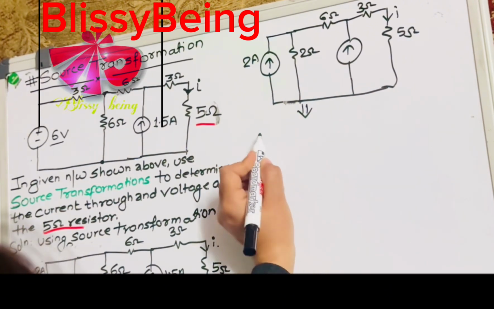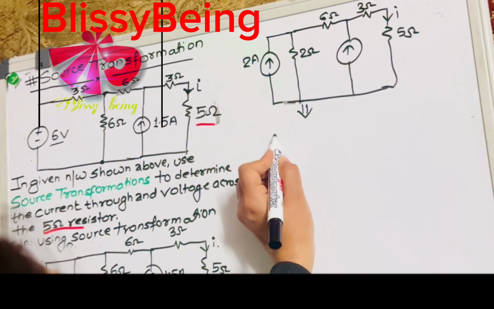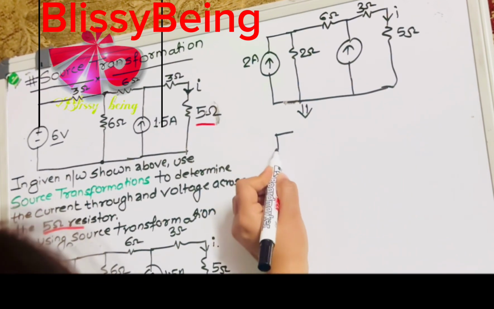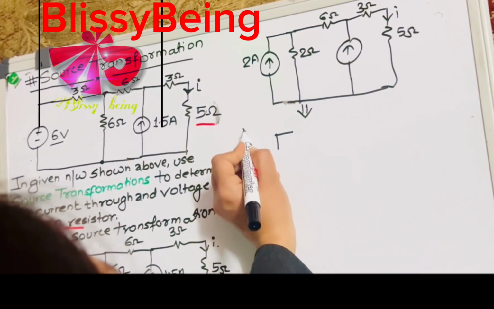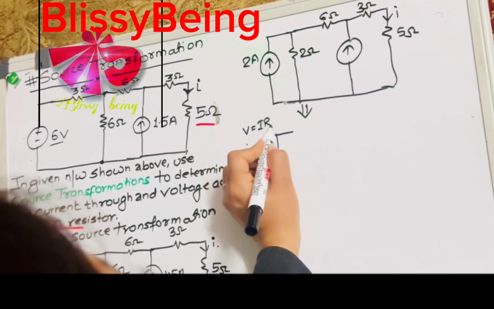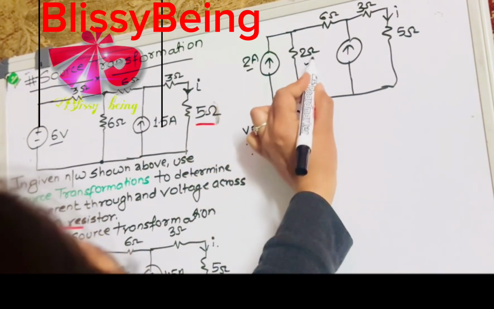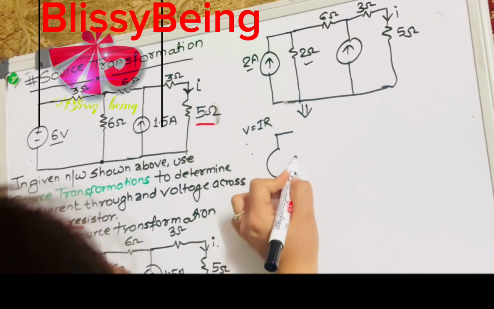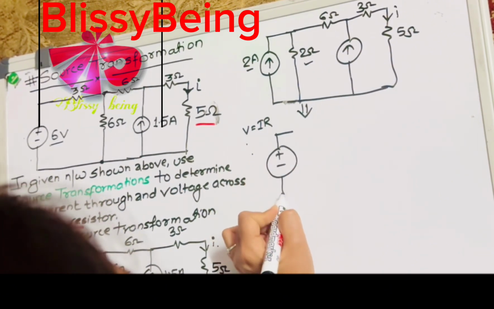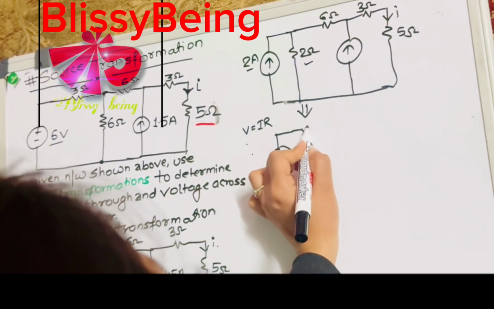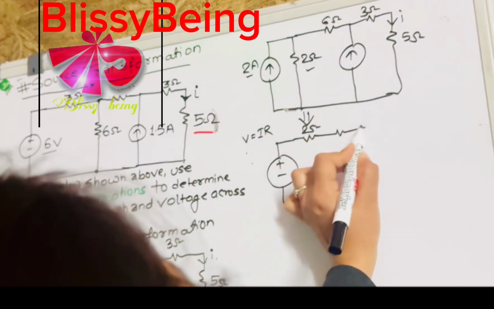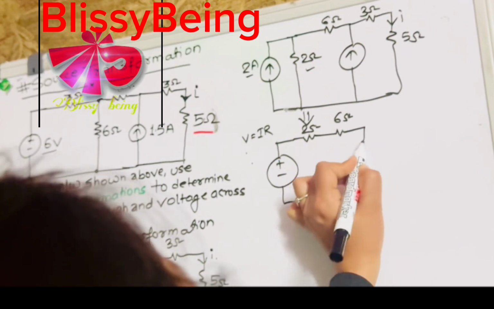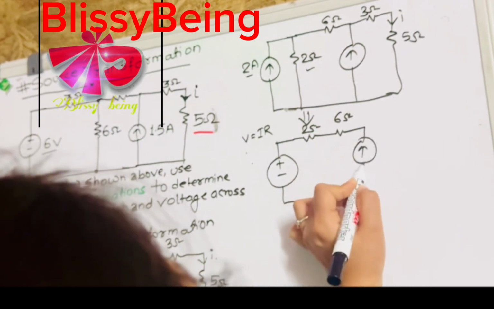In order to change it, you have to identify the value of the voltage source, which will be 2 into 2. We know that V is equal to I into R. Now I is 2 and R is 2. That's why we'll have plus minus polarity. Now the 2 ohm will be in series. That's why 6 ohm, and this one will be the current.